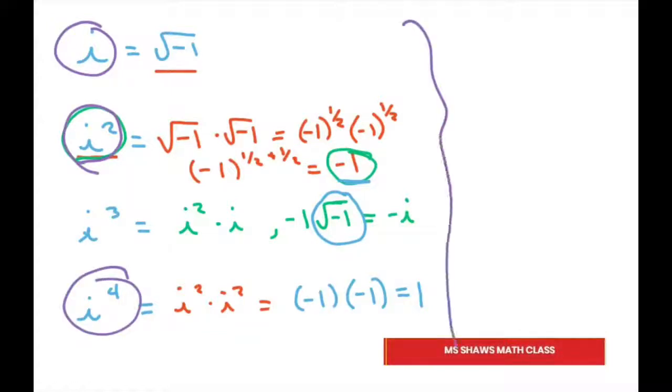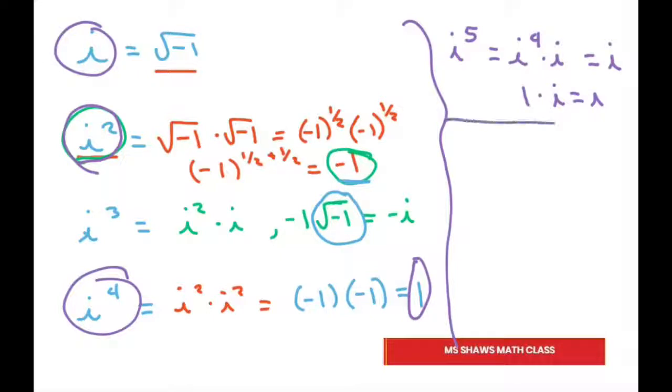Now let's look at what i to the 5th would be. i to the 5th would just be i to the 4th times i. Well, i to the 4th is just 1. So we get 1 times i, which just equals i. So i to the 5th just equals back to i.